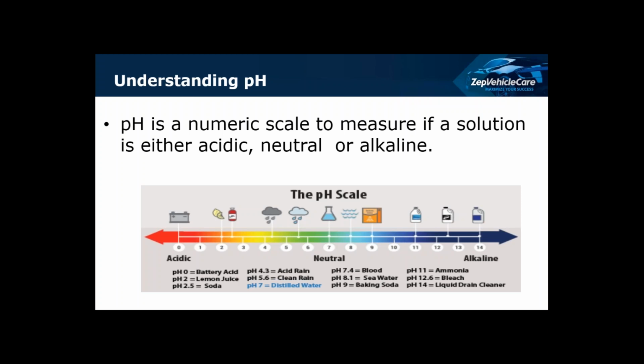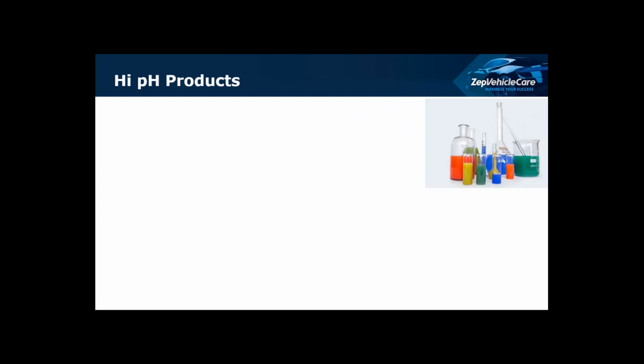The best way to dial your chemistry in is through actual titration, to where you can actually tell a difference between 90 to 1 and 100 to 1 on a pre-soak or a wheel cleaner or something of that nature. So that's understanding pH and how that works.